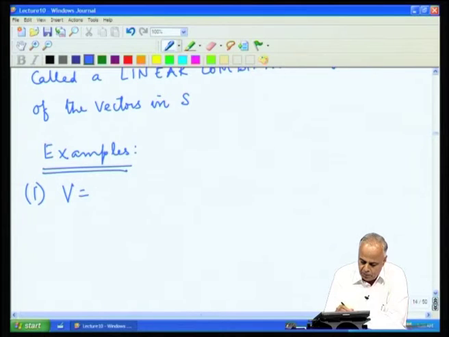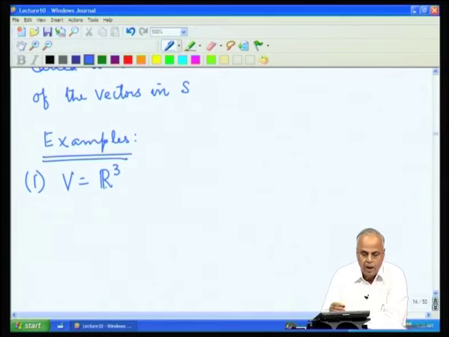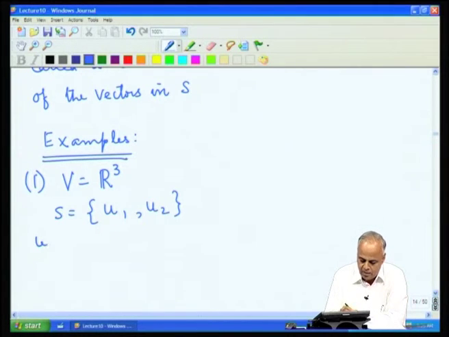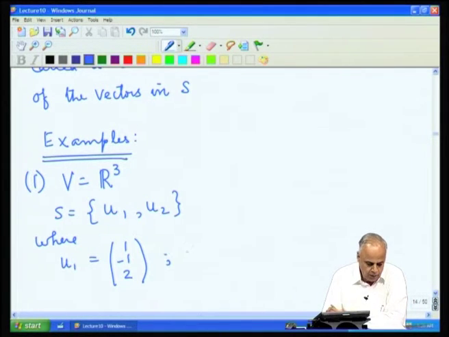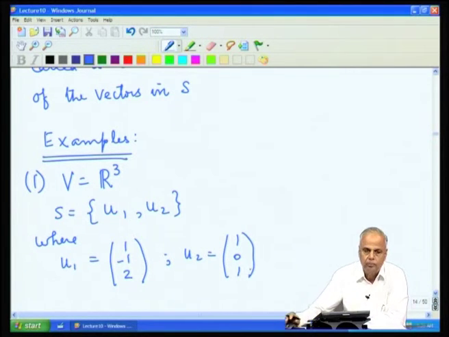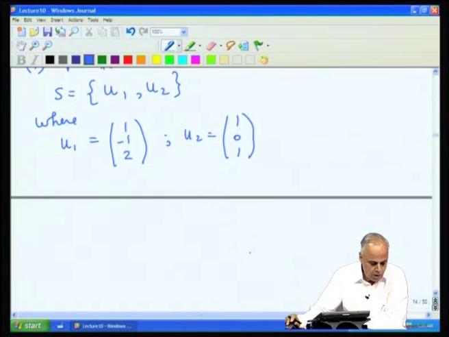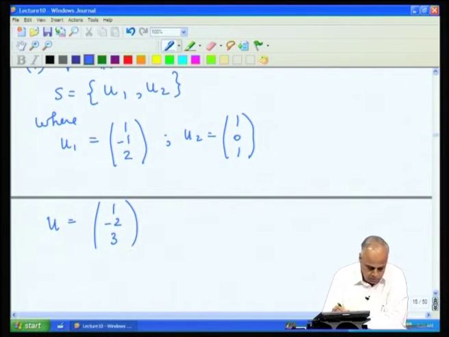Let us take the vector space V to be R3, and let us take S to be a finite set, say just two vectors, where u1 is the vector (1, -1, 2), and u2 is the vector (1, 0, 1). Now, let us look at the vector u equal to (1, -2, 3).